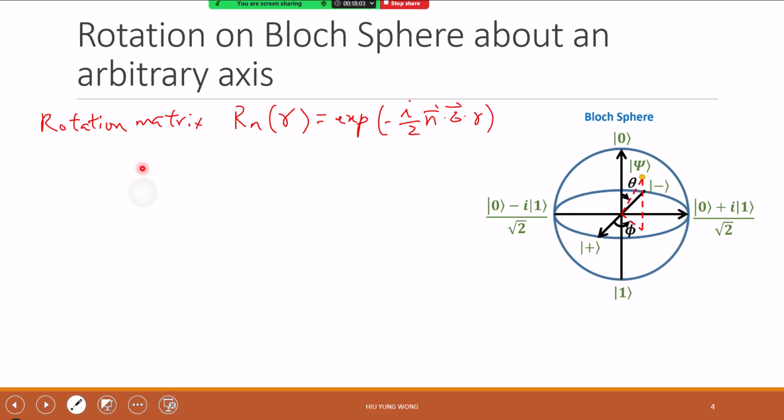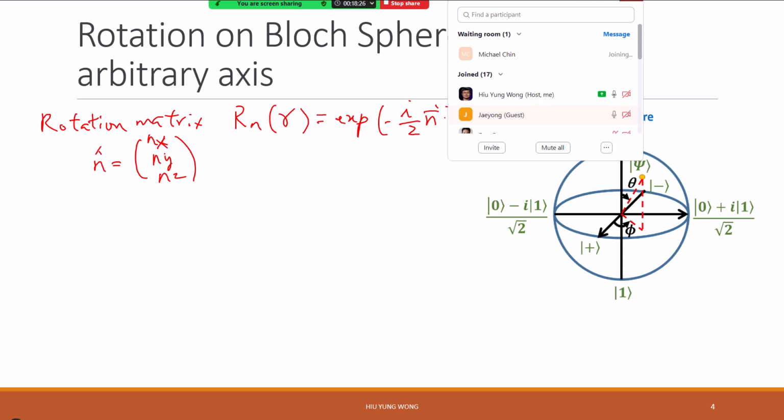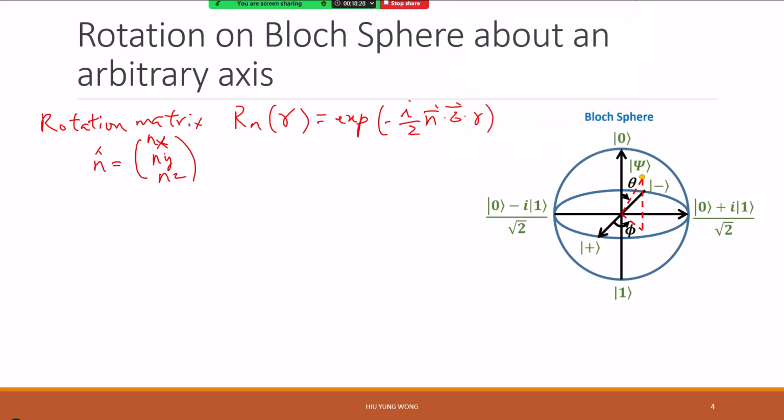So what we're actually doing now is we're saying that n is a unit vector, right? n equals nx, ny, nz. We talked about this last time, right? But what is sigma?